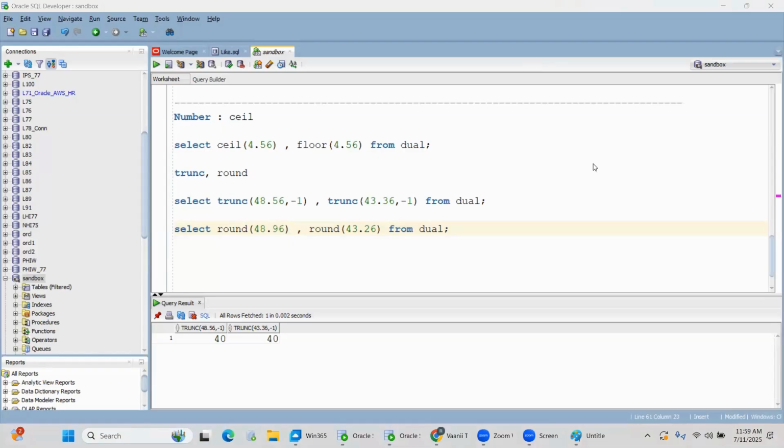Let me see if anyone else can give me the correct answer. The first one will go to 50 and the second one will go to 40. Okay, anyone else? No? Okay, so the first one will come to 50 and the second one will come to 40.